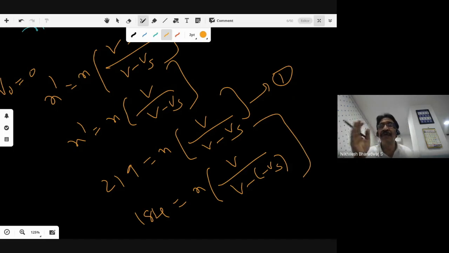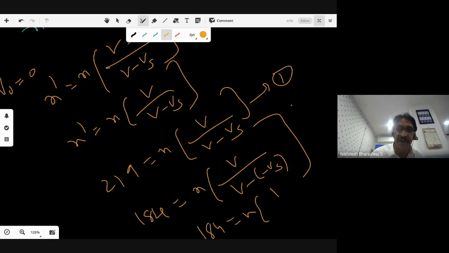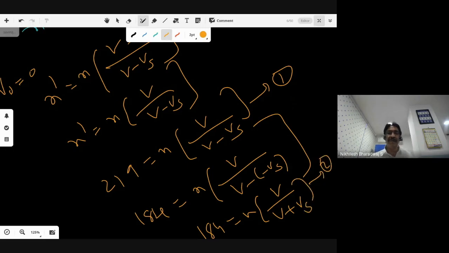Because the source is moving away from the observer. So 184 is equal to n into V by (V plus Vs). Take it as equation 2. Solving these two equations, you will get both the true frequency and also the velocity of the source.